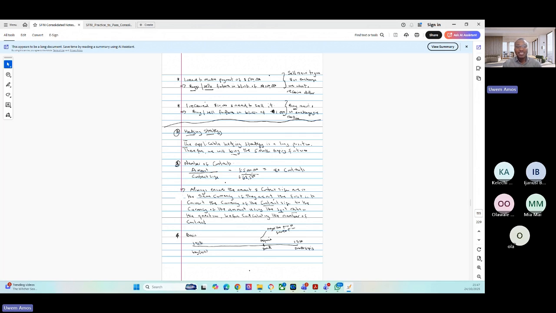The next thing you would then determine right after your hedging strategy is the number of contracts. Now, futures are sold in blocks.